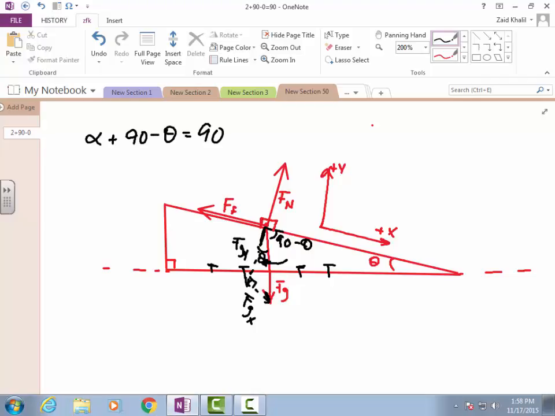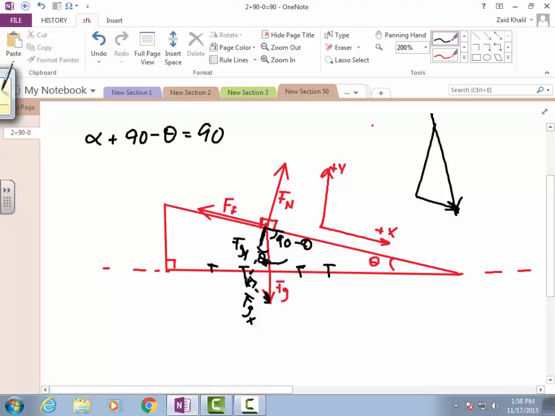So that's theta, and so now I can actually draw that triangle a little bit more specifically. Does that look right? So this is FG, that's theta, that's FGY, that's FGX.